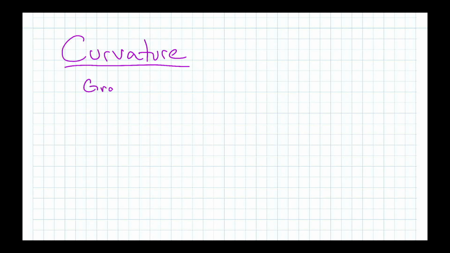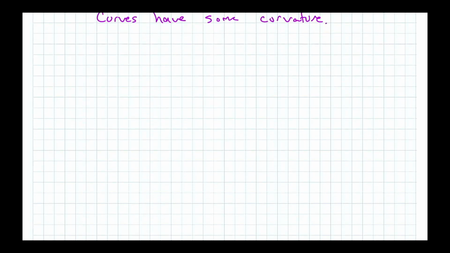So curves have some curvature. Like if I draw one like this, then over here it's a relatively wide curve, and over here it's a relatively skinny curve. And so you can represent that curvature by a circle.